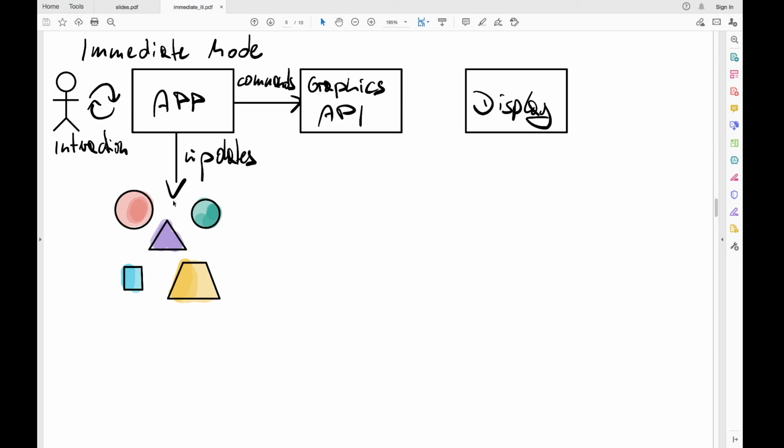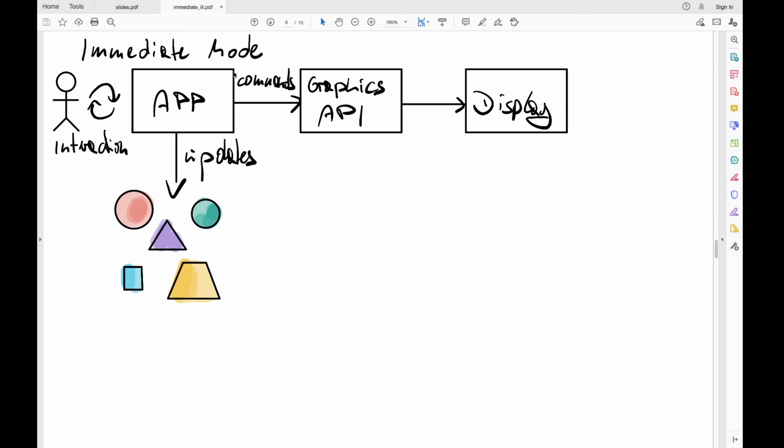In general, we have a model where the application maintains the internal three-dimensional state of the scene and also applies updates to the scene. Then the application translates that into graphics commands, which are usually draw commands or different commands that the graphics API understands.